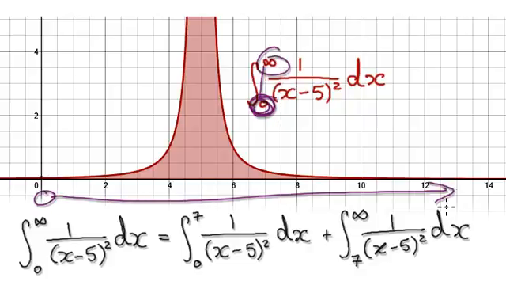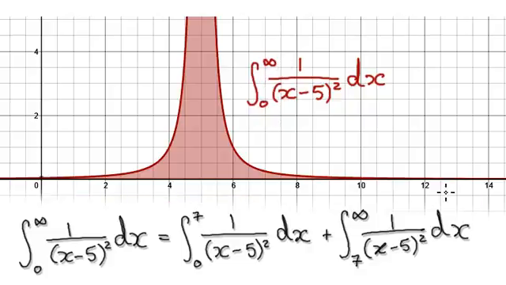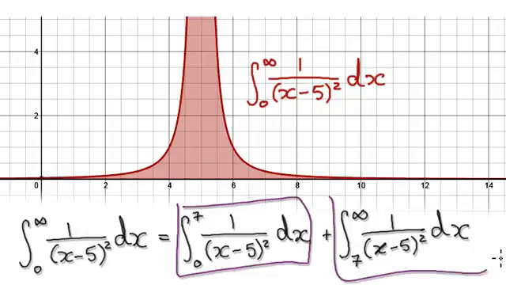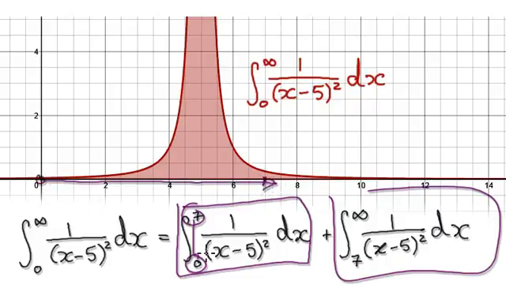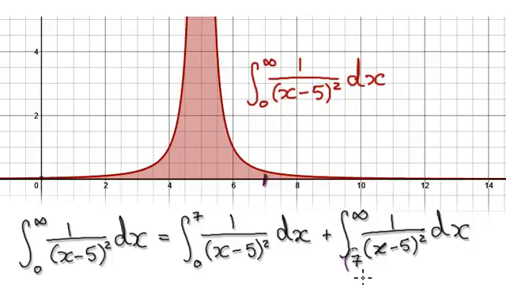The way we would do this would be to break it up into two integrals, from 0 to, let's say, 7. It could be anywhere. Let's just say from 0 to 7. So that's this bit here. And then from 7 to infinity.